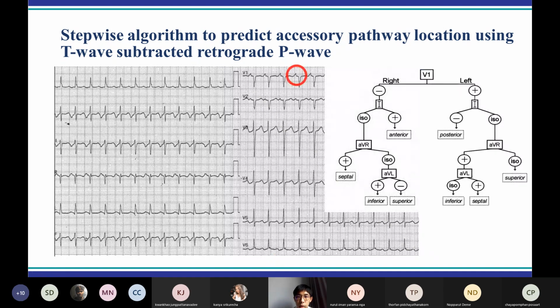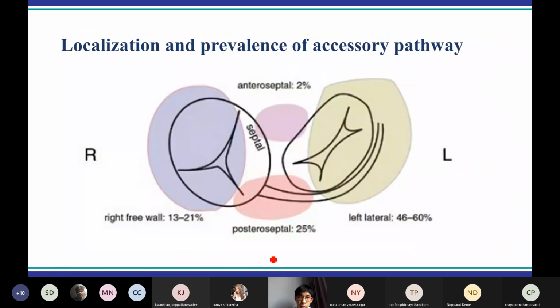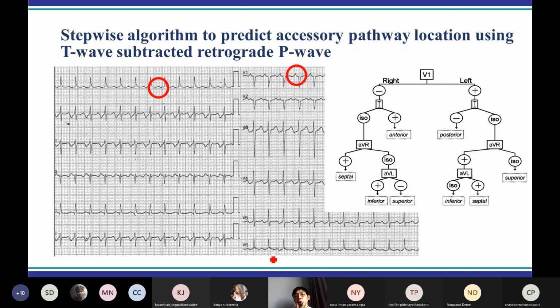We can use the retrograde P wave to identify the accessory pathway, but it is not a common clinical tool to use. These three slides, I just want you to know that we have this method of identifying the pathway.